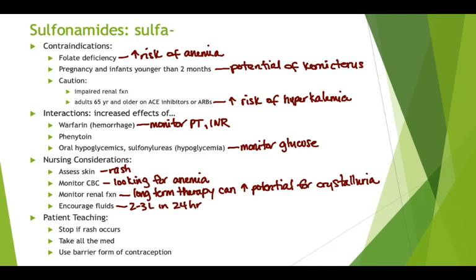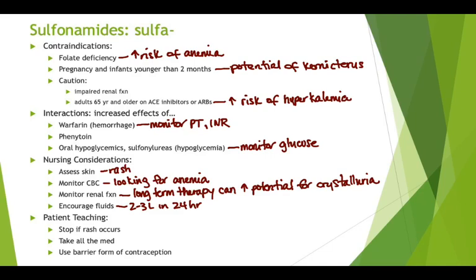So these are cautions. Maybe the sulfa drug is the best drug for whatever infection they may have, then this is monitoring that you have to do. These patients are going to be assessed for these types of risk factors.